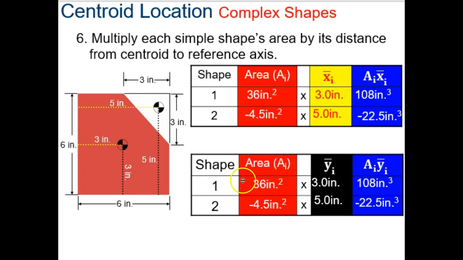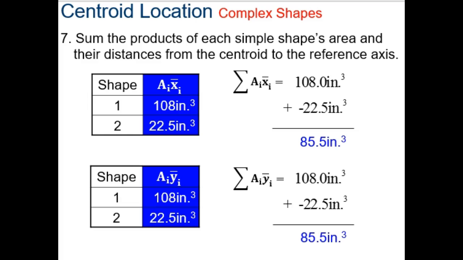We do the same thing in the Y dimension, 36 times our Y centroid, and negative 4.5 times our Y centroid for this triangle. Again, negative value because we're going to subtract it.